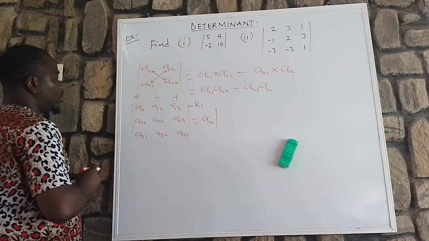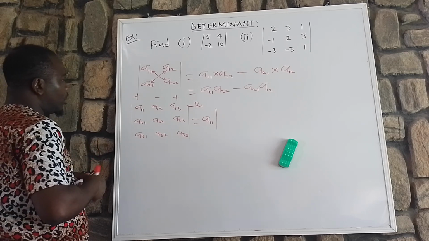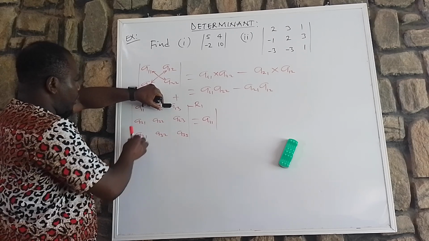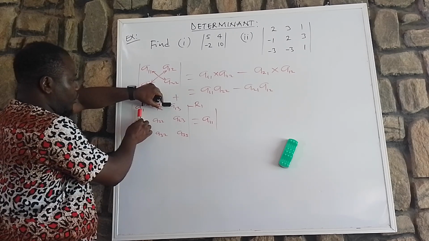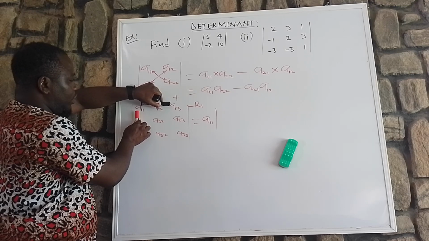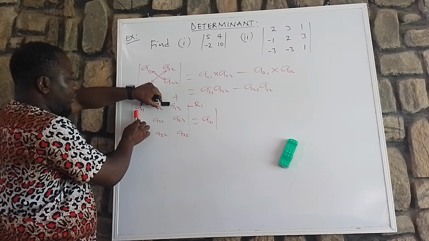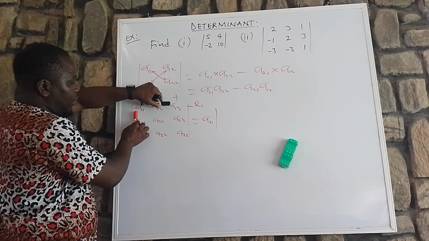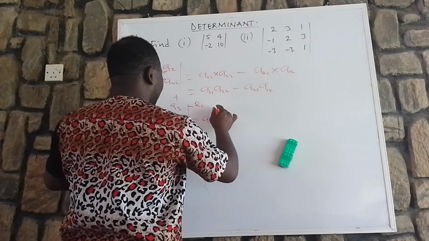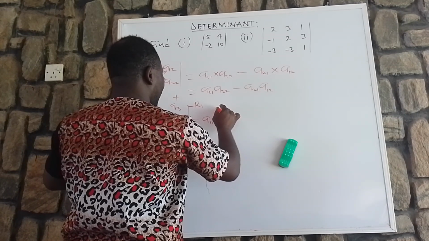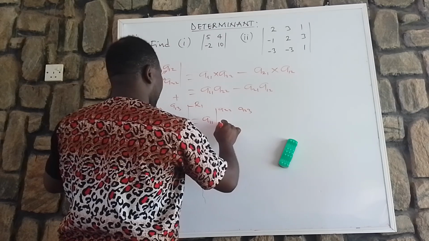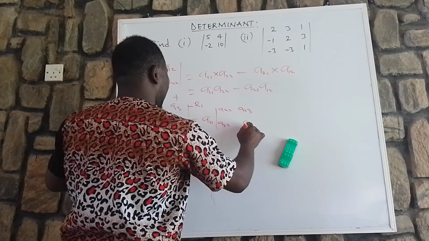Take note. The row of A11 will be covered, then the column of A11 will be covered. So what are you left with? A22, A23, A32, A33. Three of us. This is how to obtain the determinant of A11. So A22, A23, A32, A33.